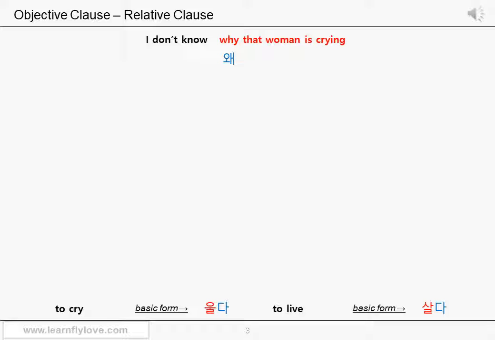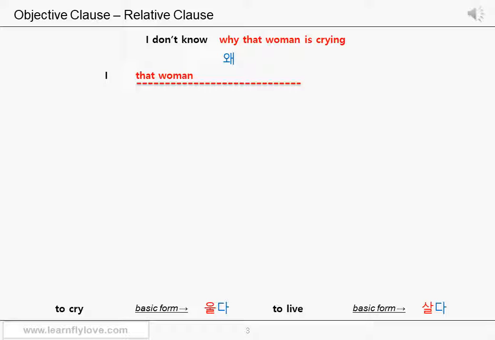Let's rearrange the words. The main subject I comes first, but we are not going to use it. The why that woman is crying part is still an object of the verb know. Before we put it right before the verb know, let's rearrange the words in this relative clause. That woman is the subject of the clause, so it comes first. Where's the right position for why?